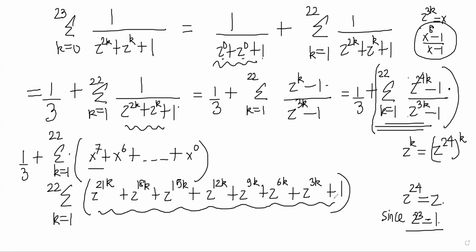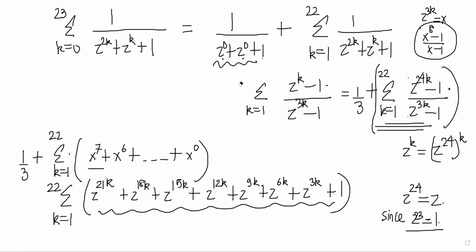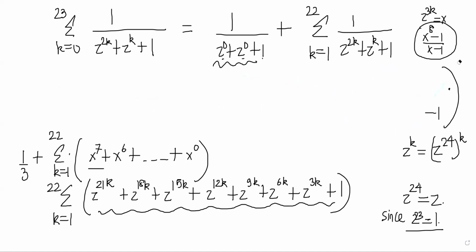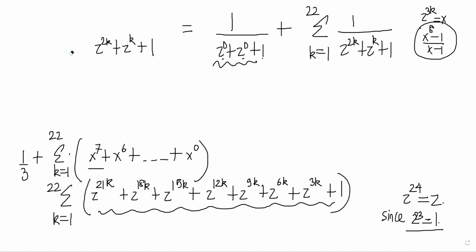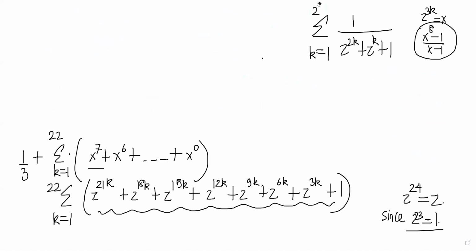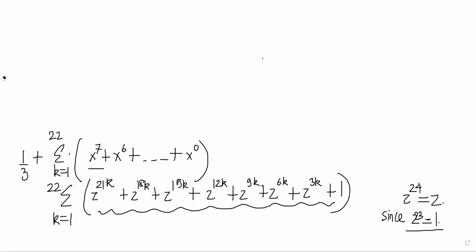Now, let's think about what we will do here. We already know one standard result, that as long as k is not a multiple of 23, we have z power k plus z power 2k plus ... plus z power 22k equal to minus 1. We know this from before.